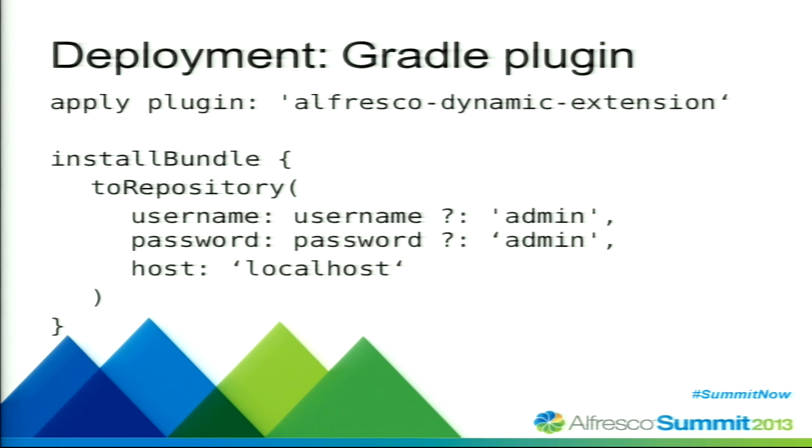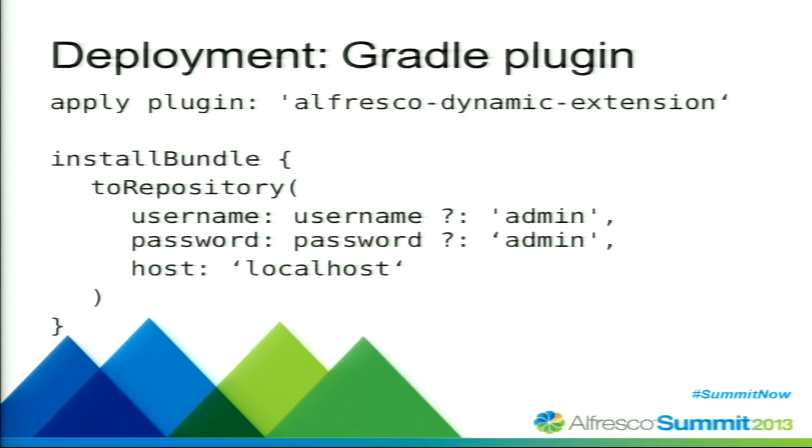Okay, we wrote some code now, but standalone, it's no fun without deploying it on Alfresco. What I used in the demo before is the Gradle plugin that comes with the framework, and it allows you to very rapidly and with minimal configuration deploy it onto a running Alfresco, be it in development, be it in production. So the plugin adds one task called install bundle, and we do have to configure it minimally.